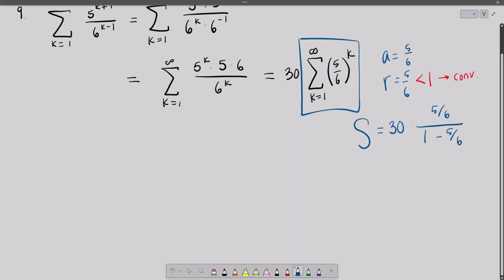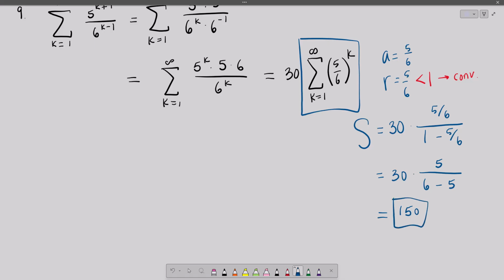And then if we multiply up and down by 6, we'll have that. So we get a total sum of 150. So geometric series, probably the most important series.